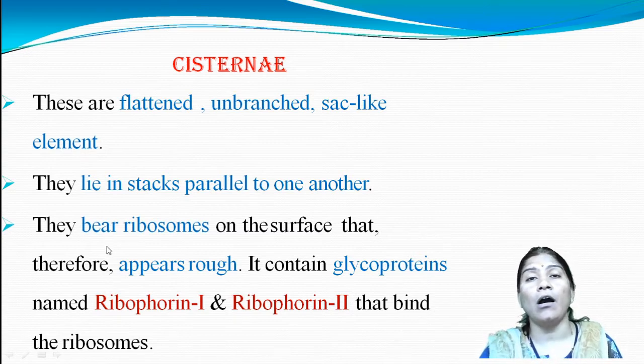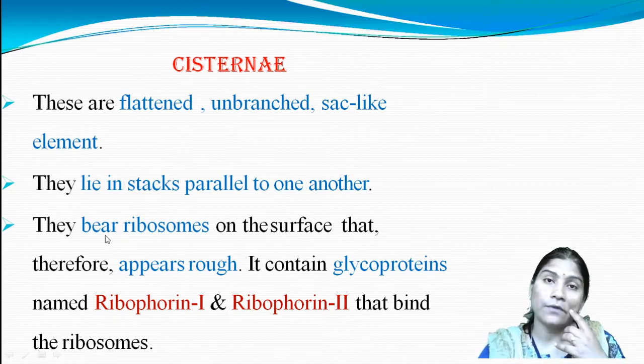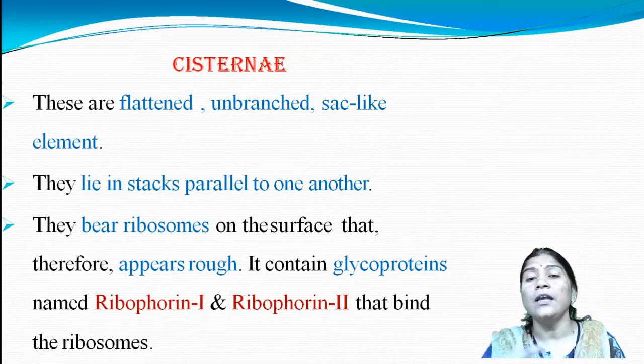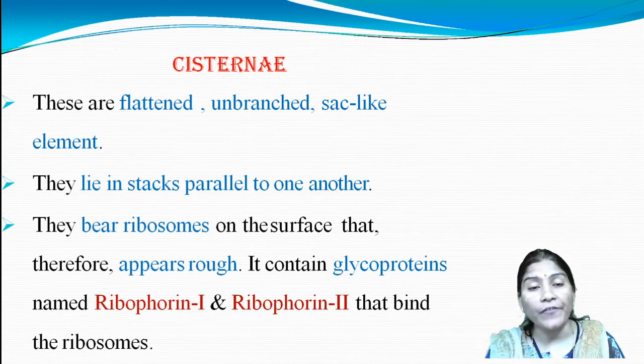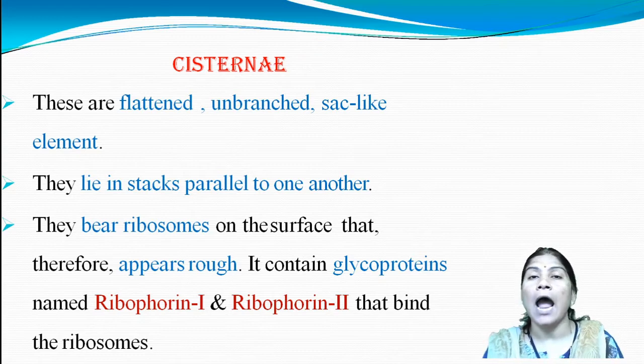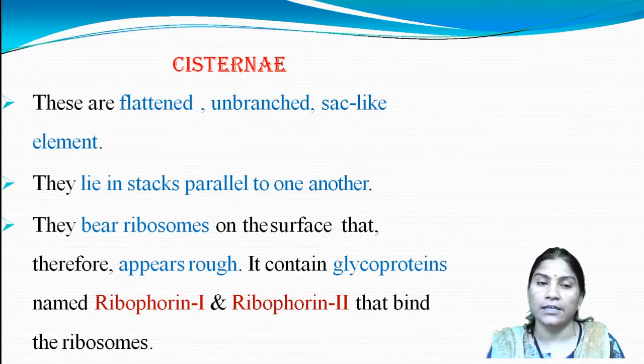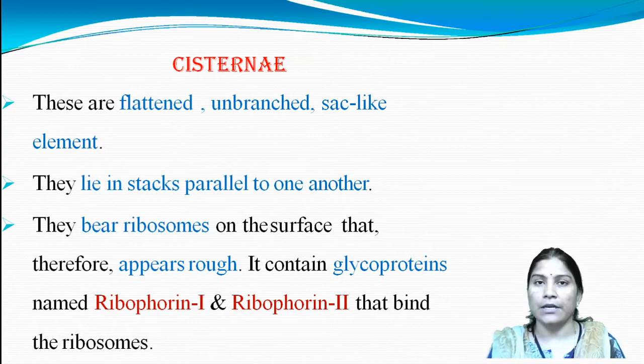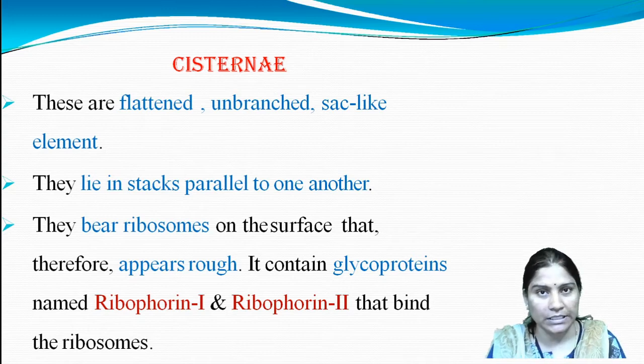These cisternae also contain glycoproteins, named ribophorin 1 and ribophorin 2, that bind to the ribosomes. They contain different types of enzymes and proteins.